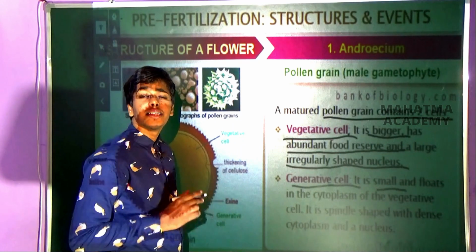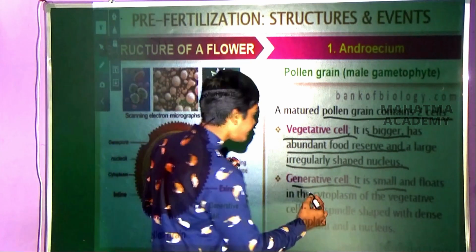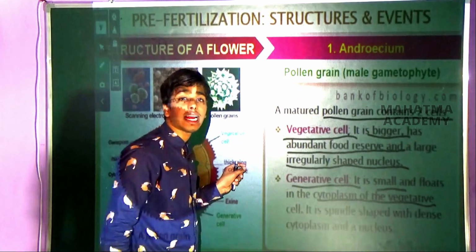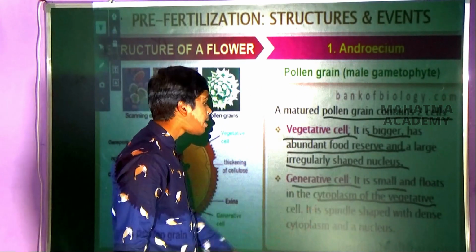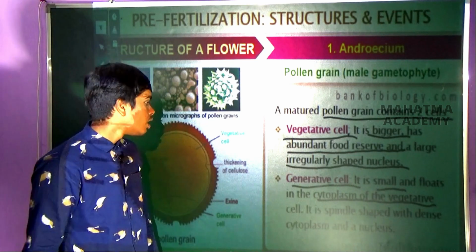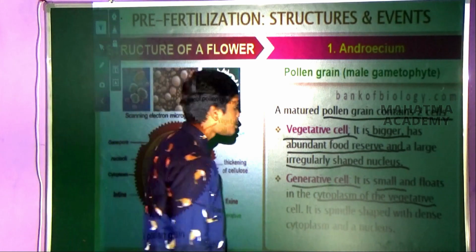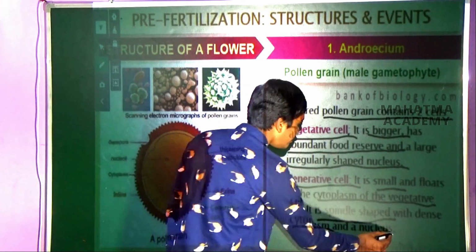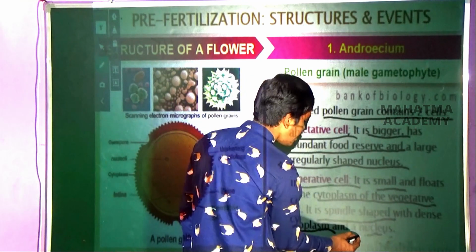Now, the generative cell floats in the cytoplasm of the vegetative cell. Generative cell will float in which cytoplasm? The vegetative cell cytoplasm. Its shape is spindle shaped with dense cytoplasm and it has a nucleus.